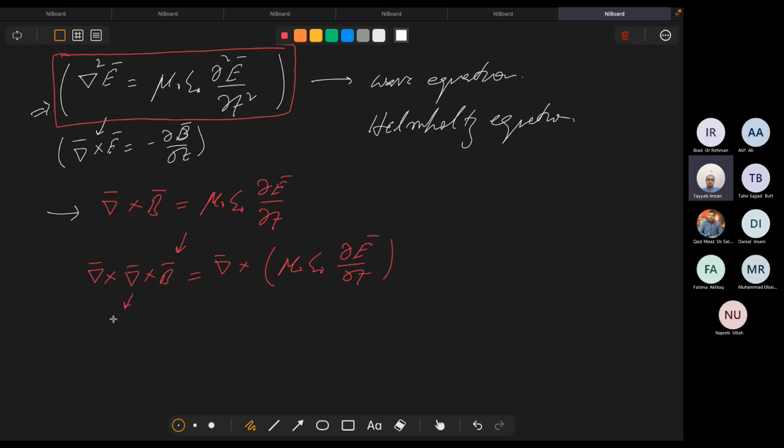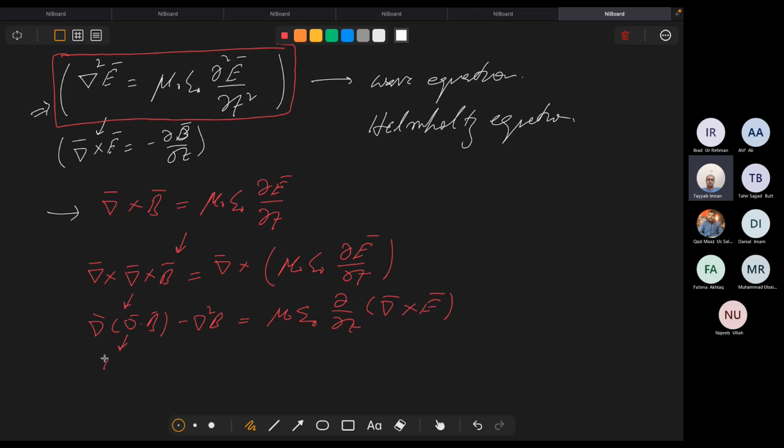With the help of some formulas, we can, here and here, curl cross E.